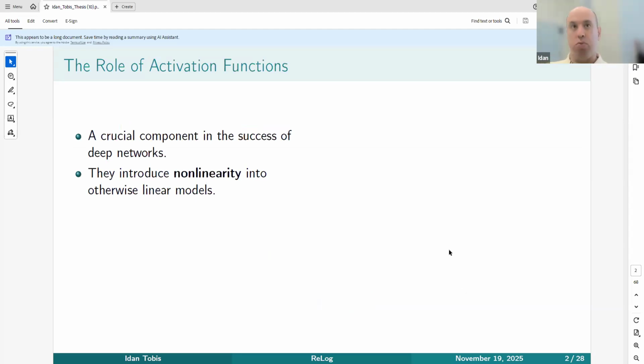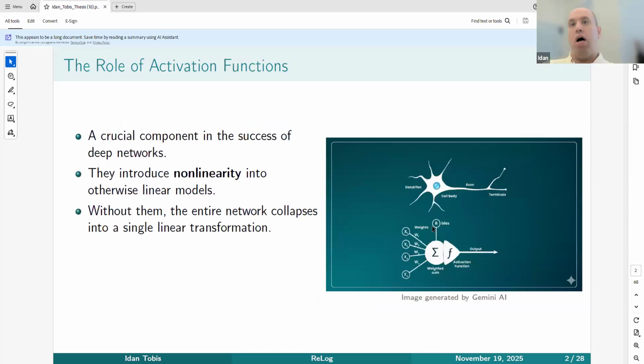Everything is just matrix multiplication. But once we multiply the inputs and summarize them, we need to add nonlinearity, and that's the role of the activation functions. Otherwise, everything collapses into a single linear transformation, because if you have a series of matrix multiplications, they just collapse into a single matrix multiplication.